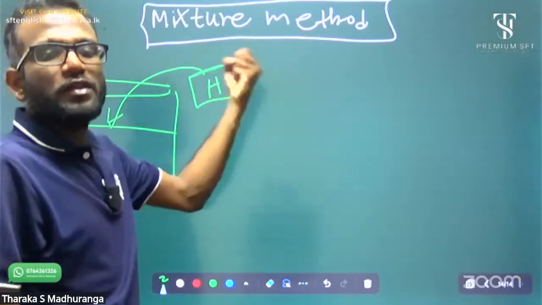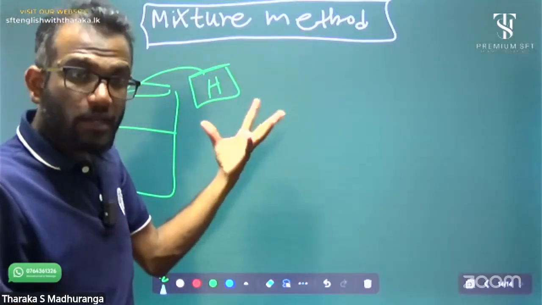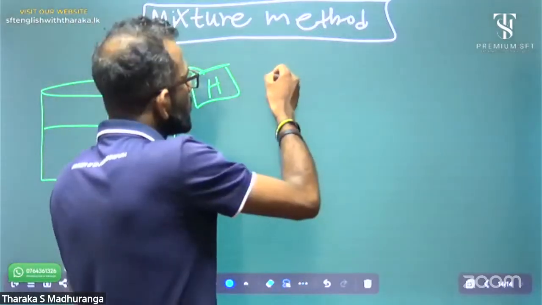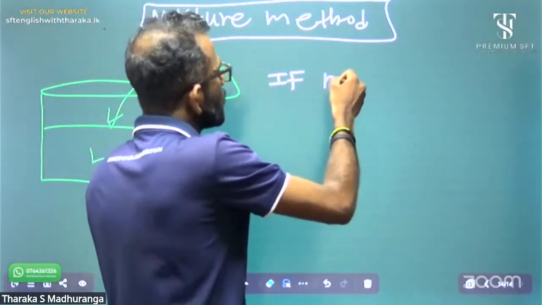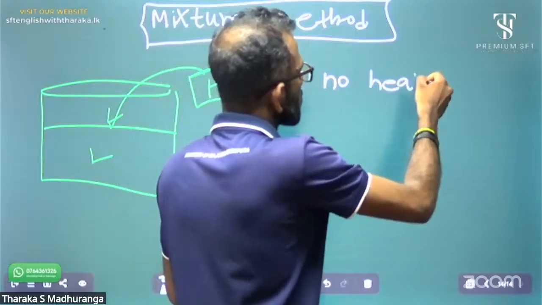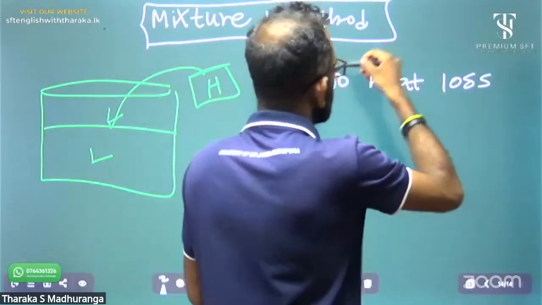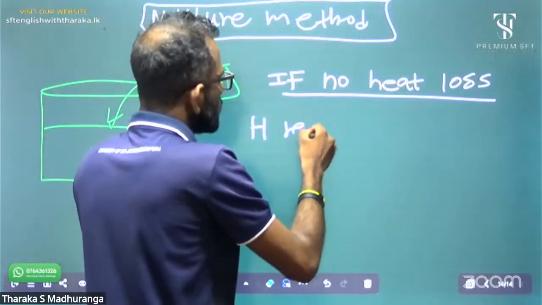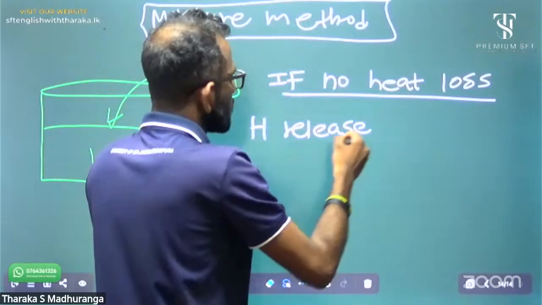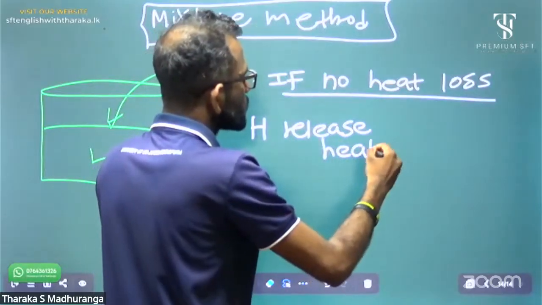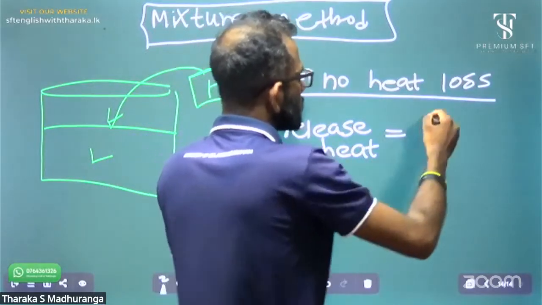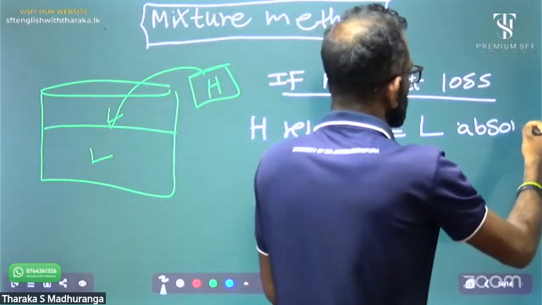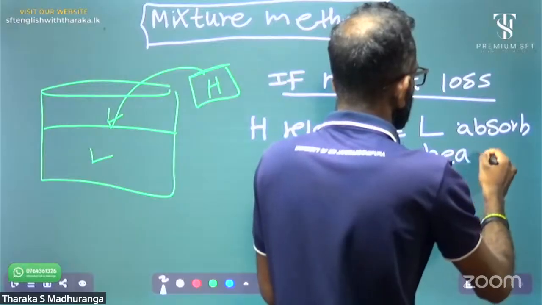The high temperature substance releases heat energy. If there is no heat lost, the heat released by the high temperature substance is perfectly equal to the heat absorbed by the low temperature substance. This is the mixture method.